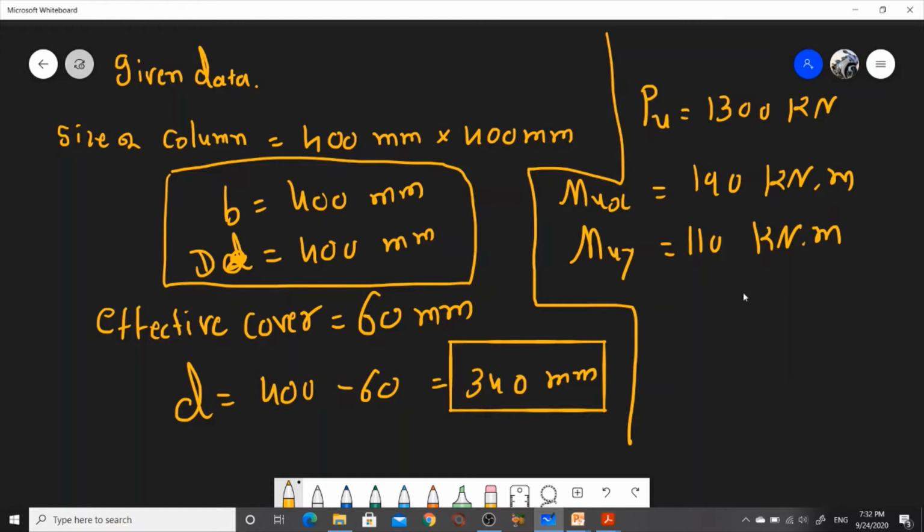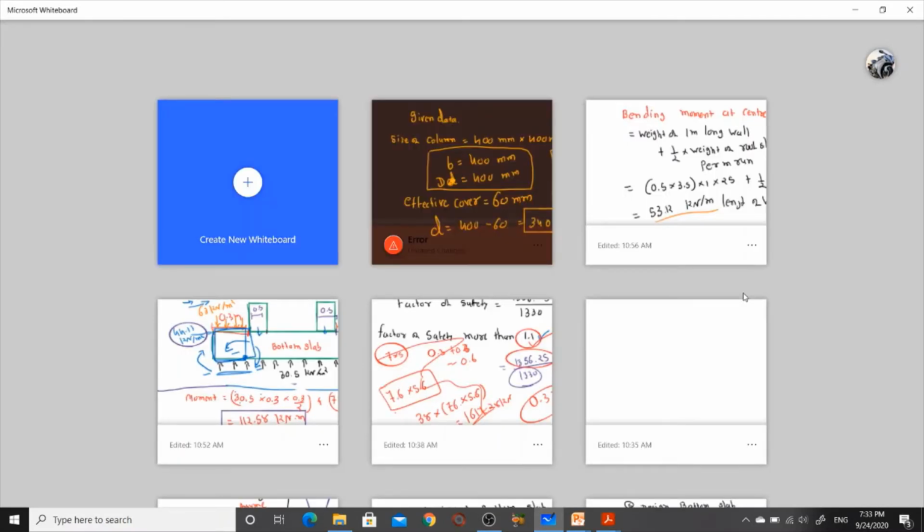So let's start. Page number 2. First step is selecting trial reinforcement.